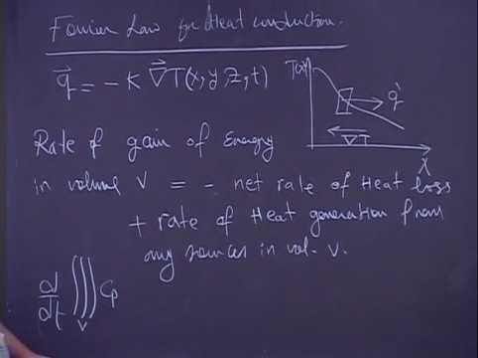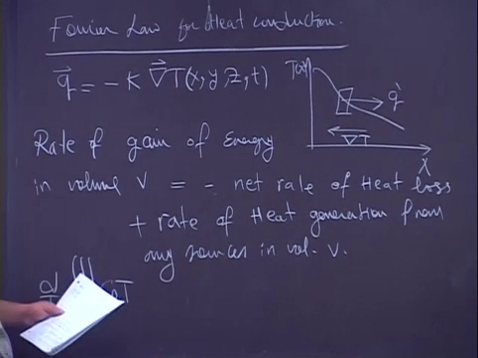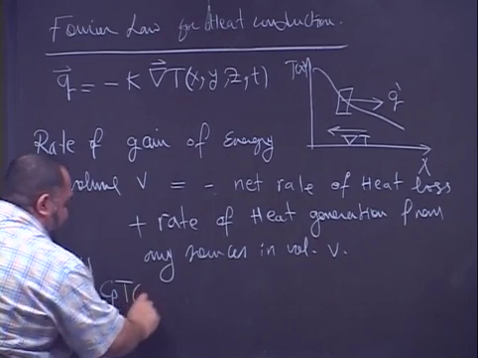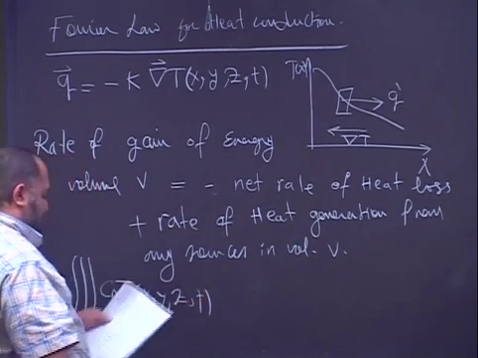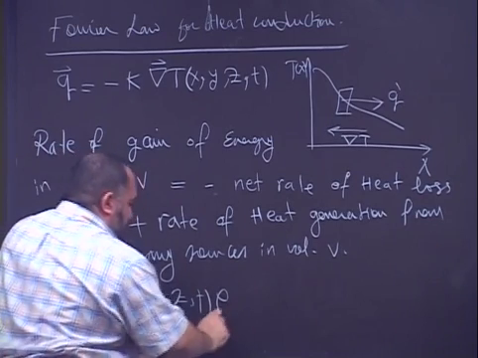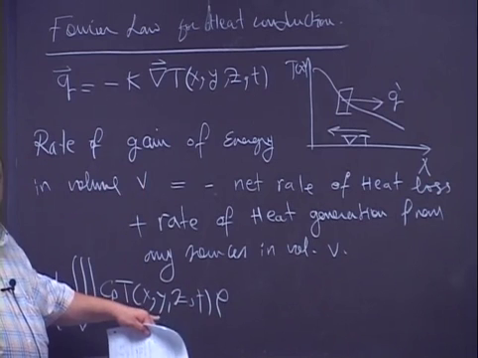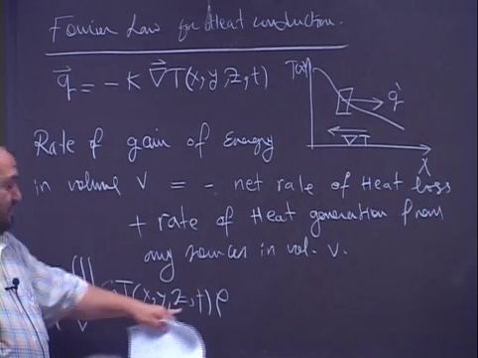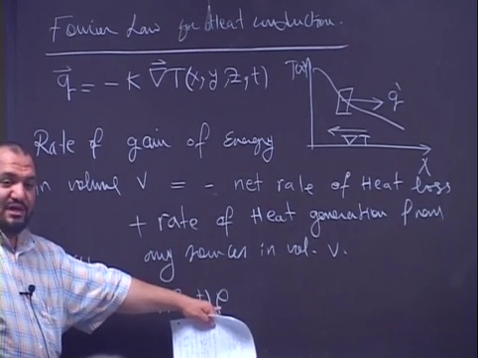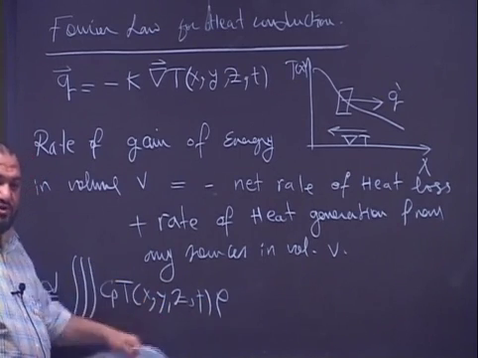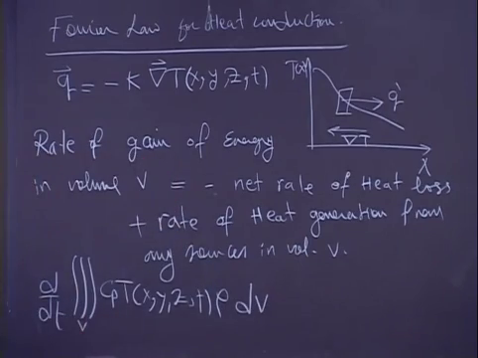Specific heat at constant pressure, multiplied by the temperature T of x, y, z, and t, multiplied by what else? Multiplied by the density. Yes, because it is m Cp delta T. So m is here what? m over V. So this is per unit volume, and you have to integrate over volume to give us this one.